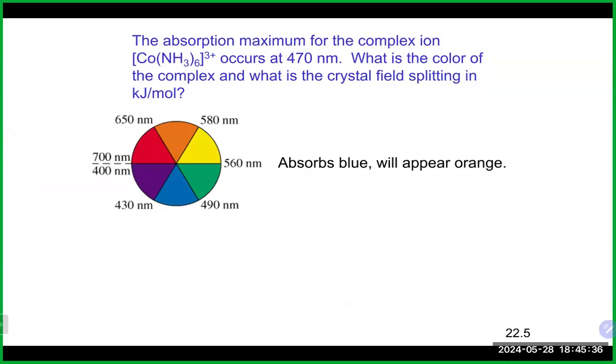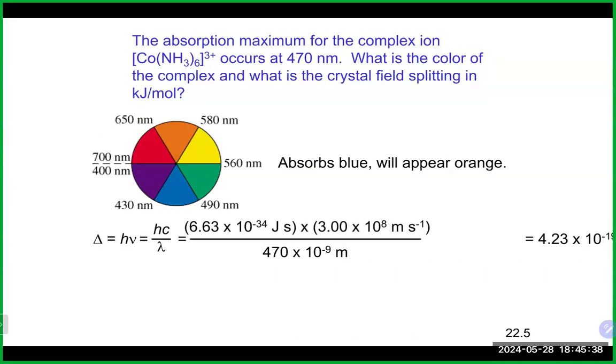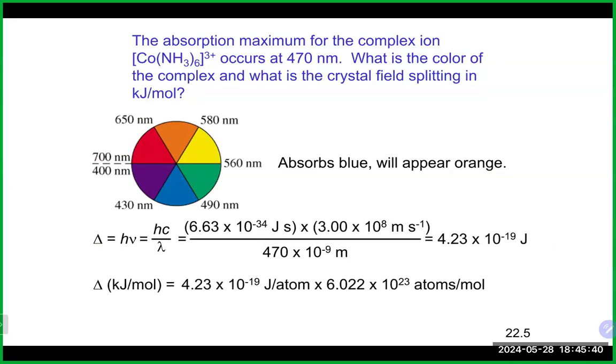So we can actually calculate, for example, the crystal field splitting if we know the wavelength at which this complex ion absorbs. So for example, if we look at this one here and we have this sample that absorbs at 470 nanometers, this is a coordination number of 6, which means we're going to get that octahedral splitting.